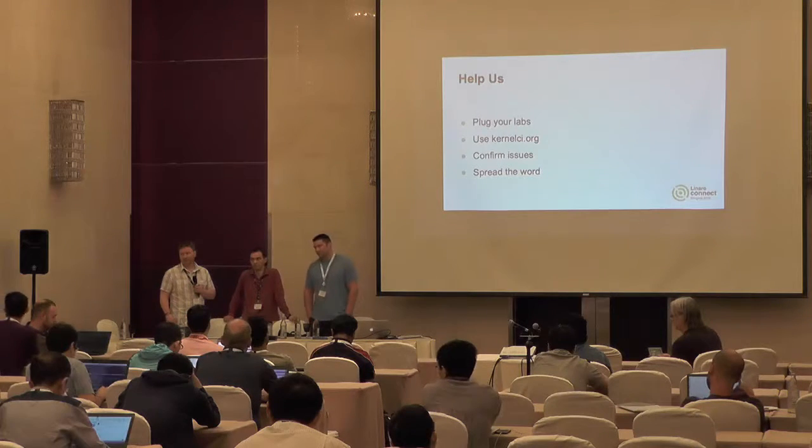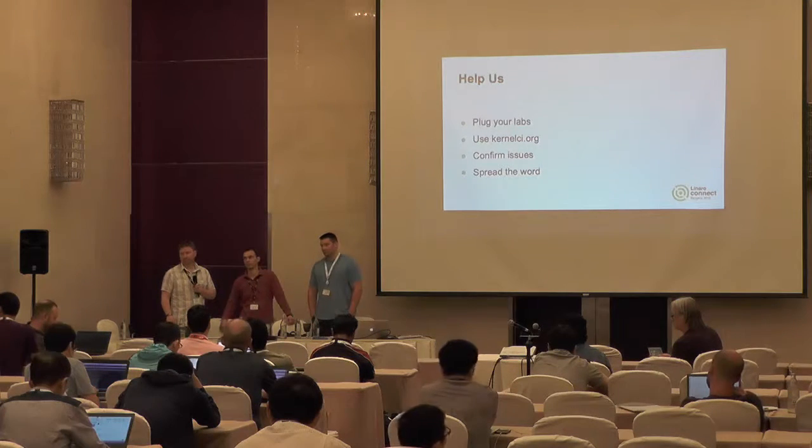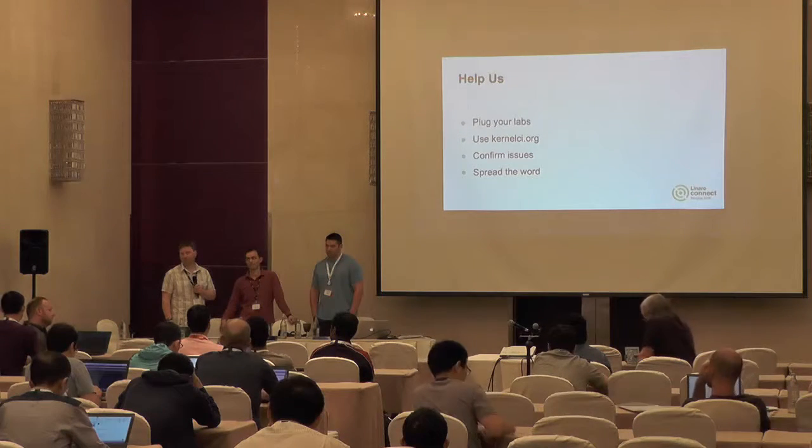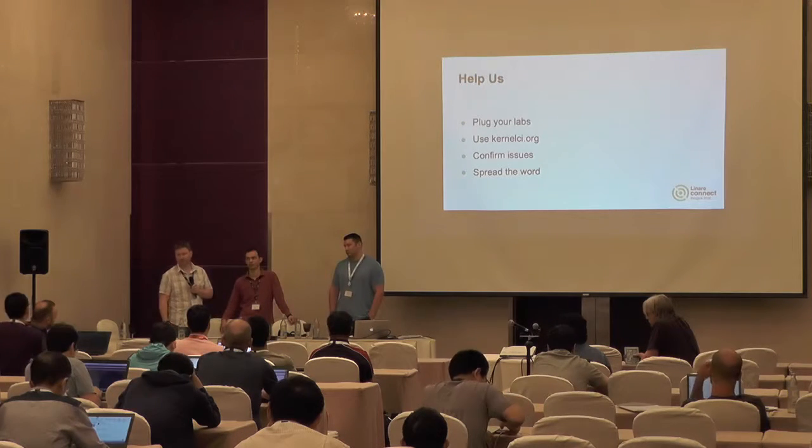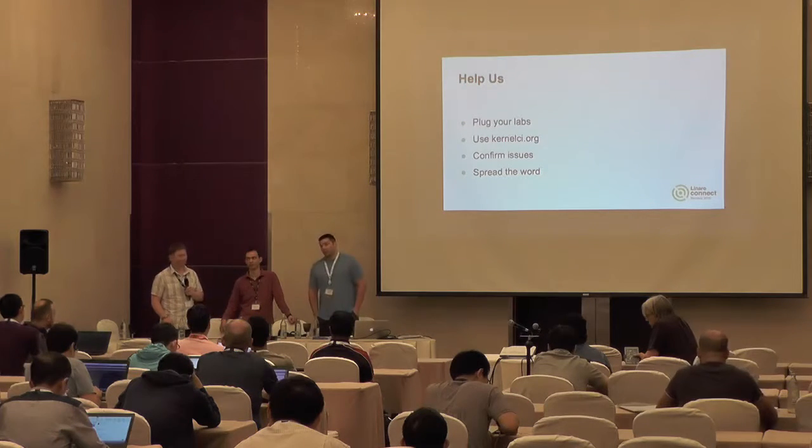Would it be your case to publish that your Hackbench performance is increasing? Yeah, for example, without saying any numbers, it's worse than it used to be with this commit. Then it would be safe to publish that publicly.